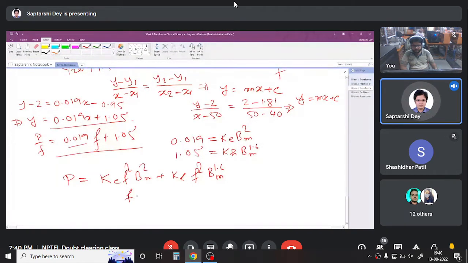Just put F equals 40, other values you already know. You will get the total loss, or you can calculate the eddy current loss and hysteresis loss separately. This is how the losses are calculated in a practical transformer.